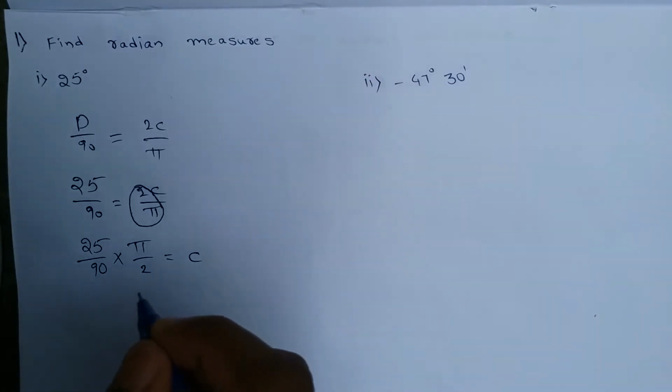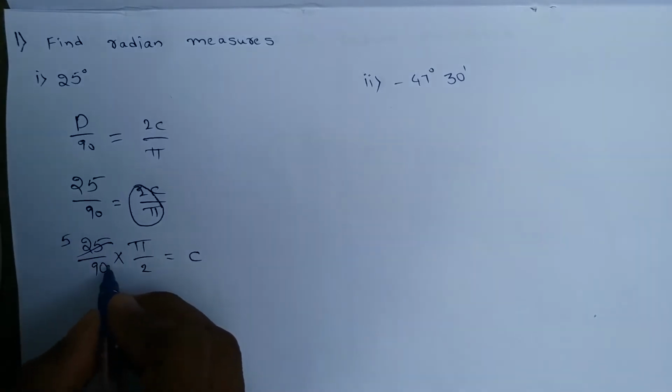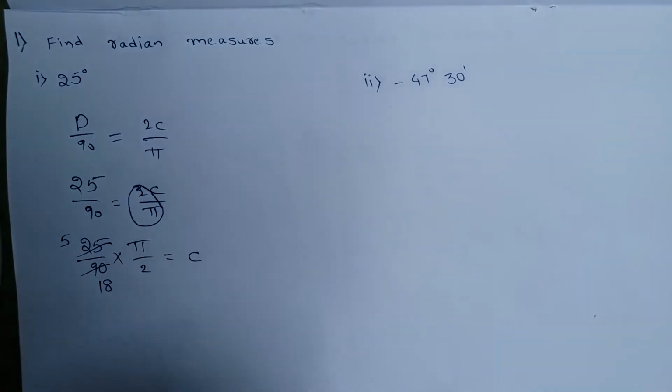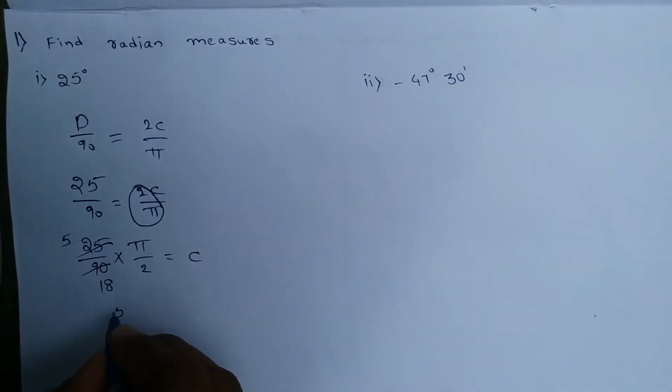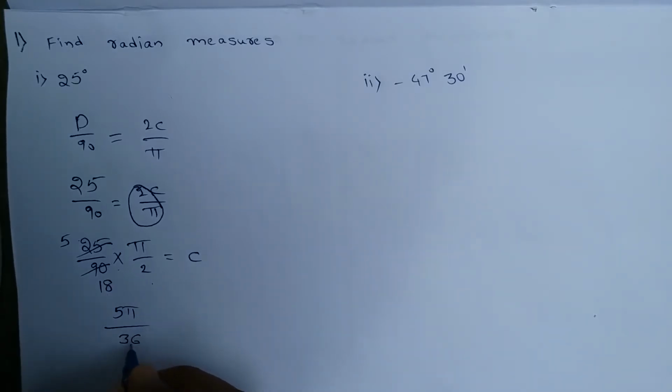If we do cancellation, 5 5s are 25, 5 18s are 90. So we get 5 pi divided by 18, 2s are 36 radians. So 25 degrees is equal to 5 pi by 36 radians.